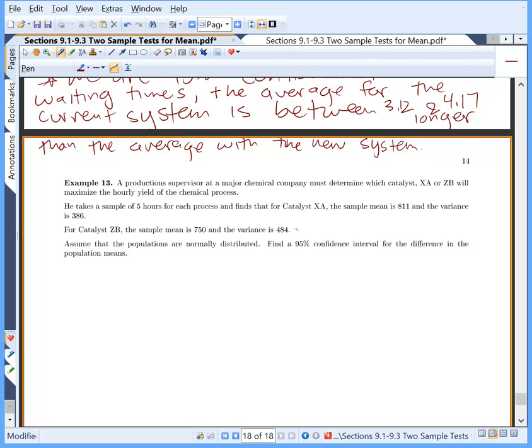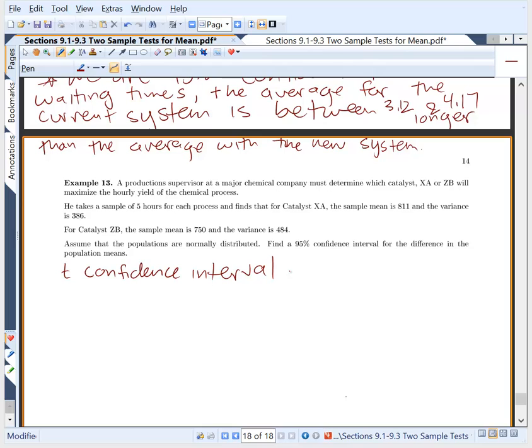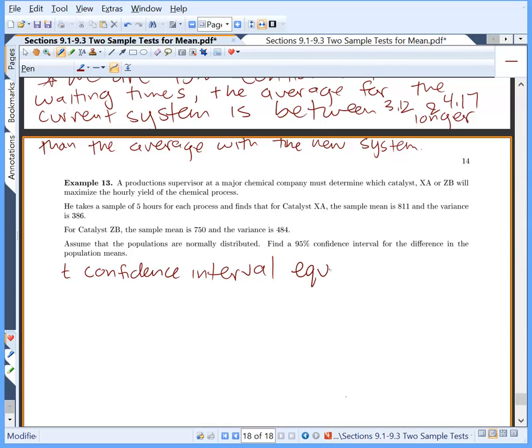Now, previously, we already looked at this problem. So because we already looked at it, we know that we are using a T confidence interval, and we already decided that we had equal variances.